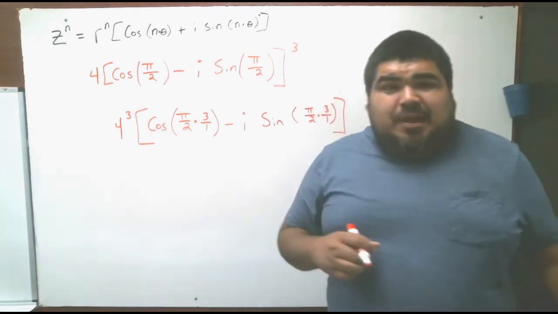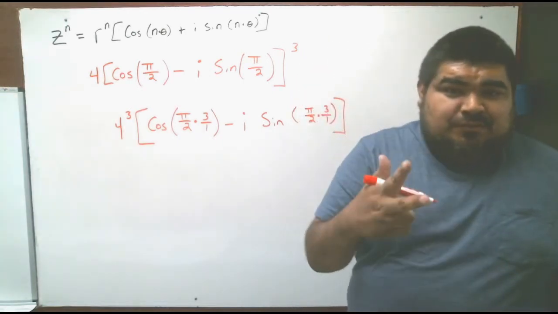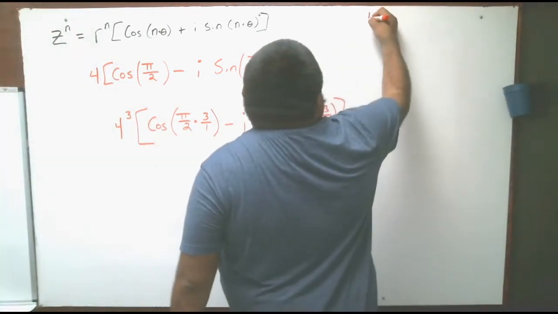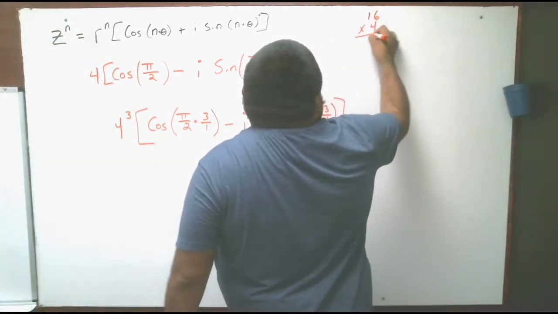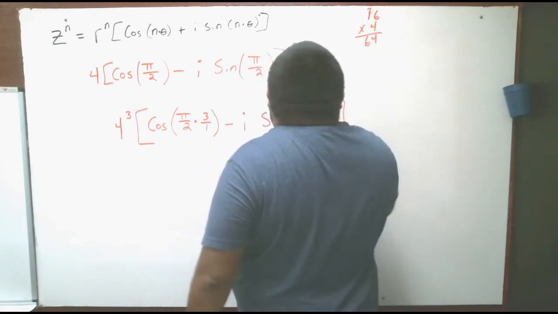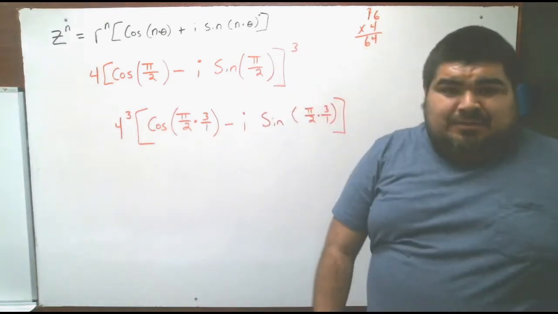4 to the third power is like saying 4 times 4 times 4. So 4 times 4 is 16. 16 times 4 is 64. Okay?